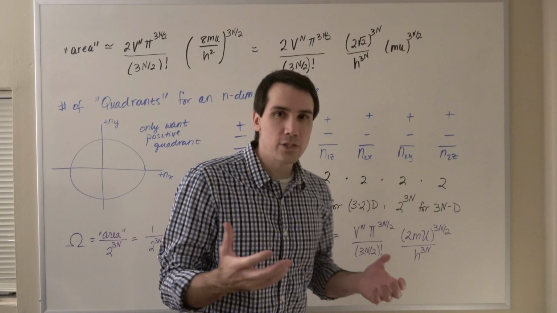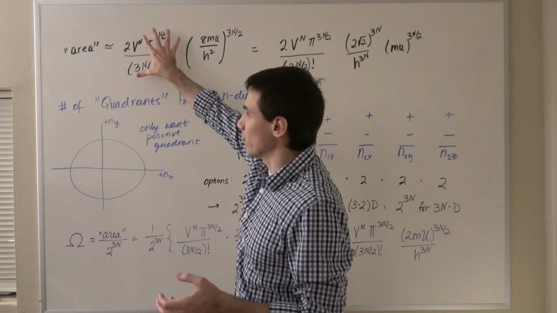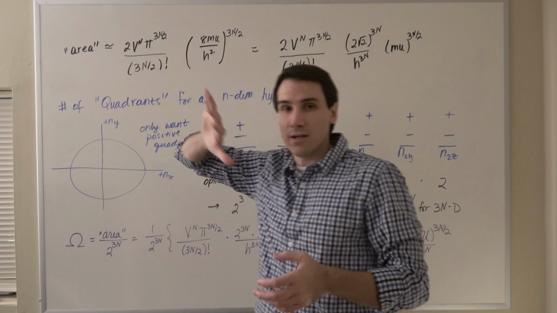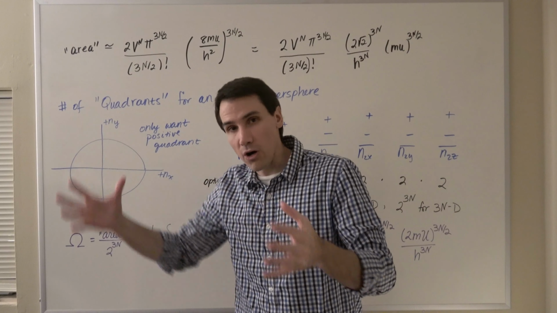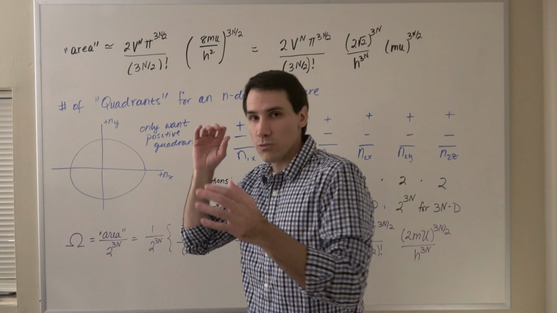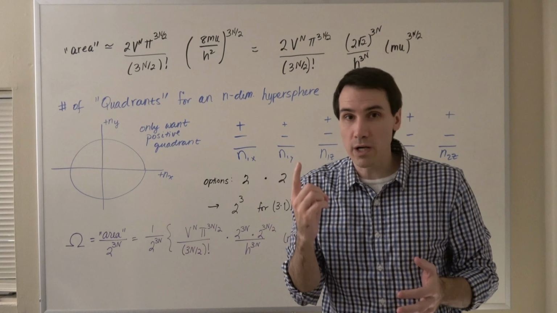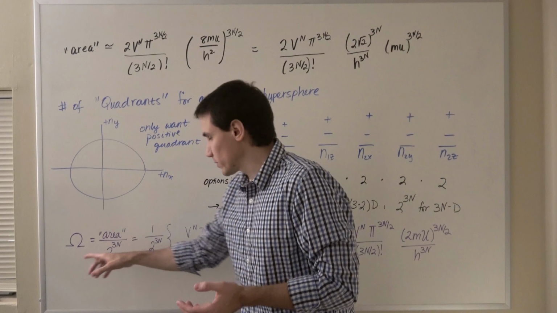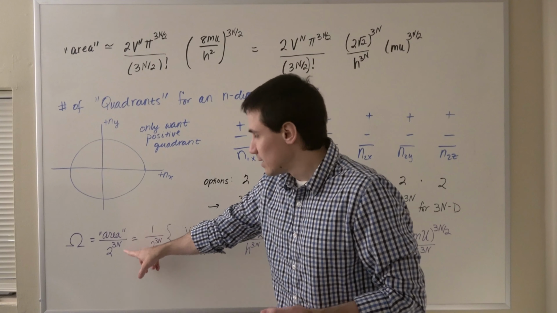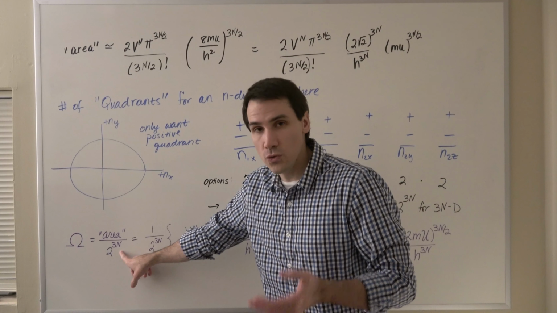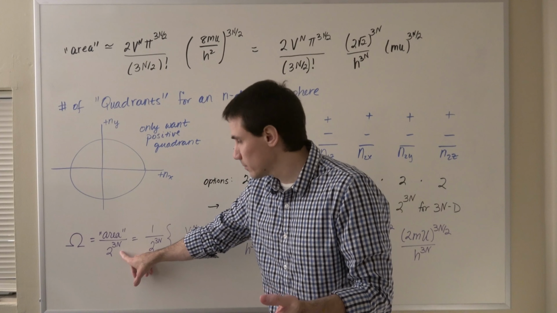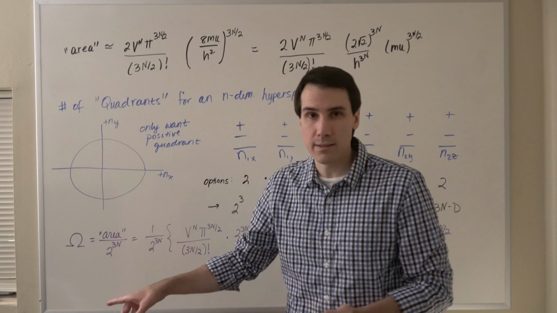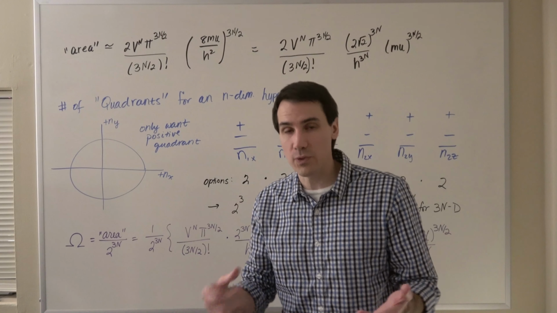So what we need to do is take our area formula, which is the area of the hypersphere over all of the quadrants, and reduce it down to only one of those quadrants. So we say that our multiplicity is equal to this area function divided by 2 raised to the 3N, because this is the total number of quadrants, and we only want one of them.